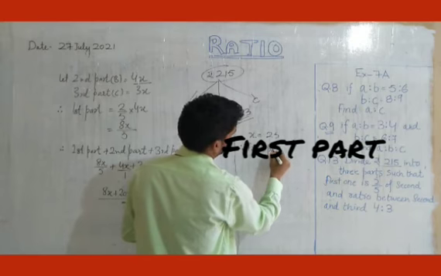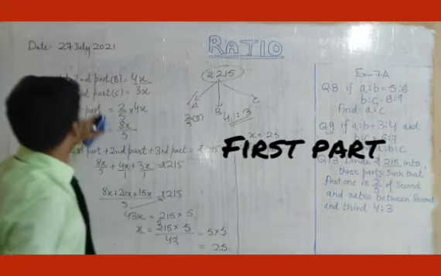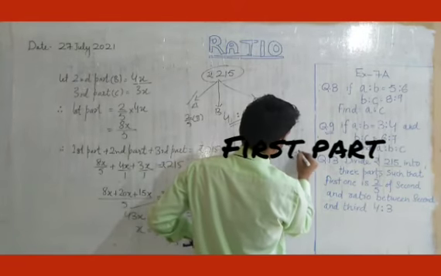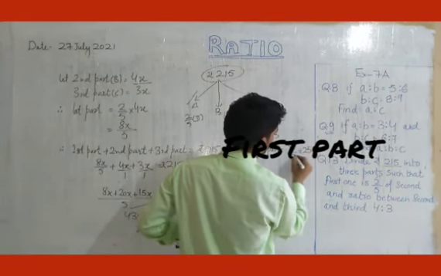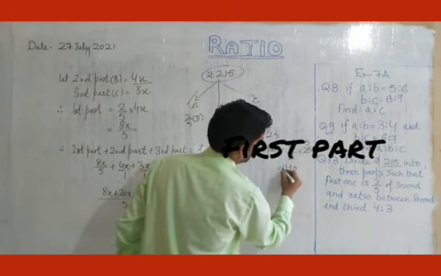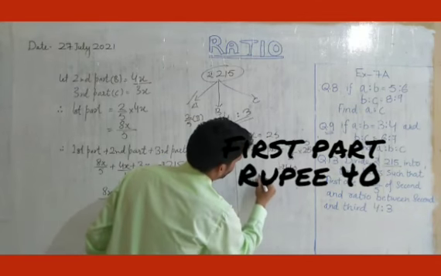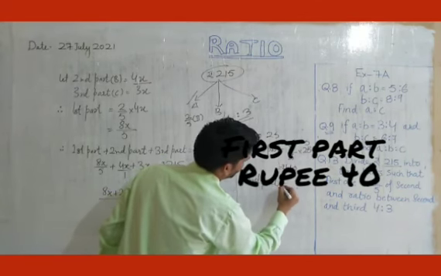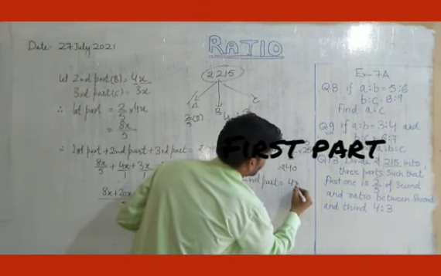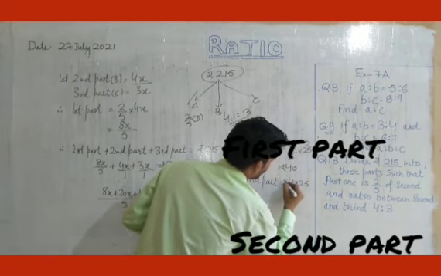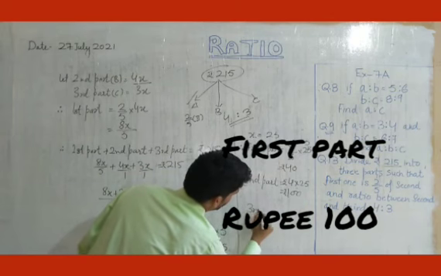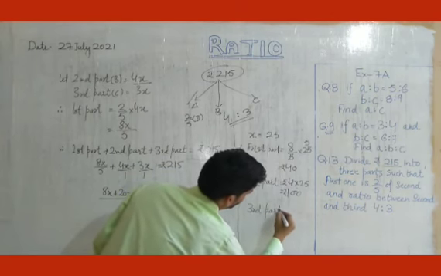Therefore the first part will be 8 by 5 into x. X is 25, 5 5s are 25, so it comes rupees 40. Second part is 4x, 4 into 25, that is rupees 100.